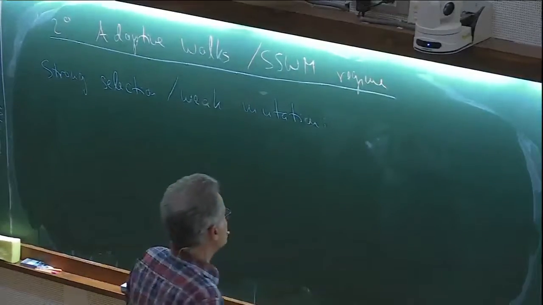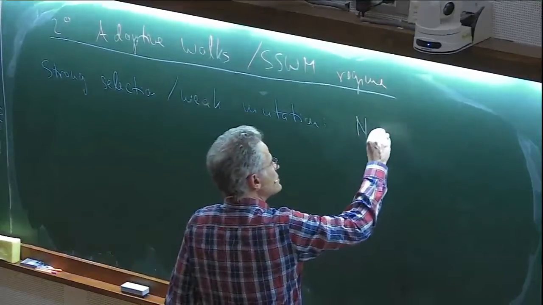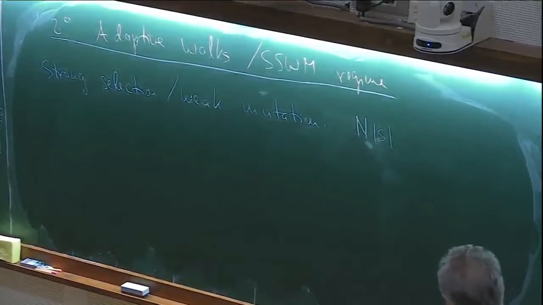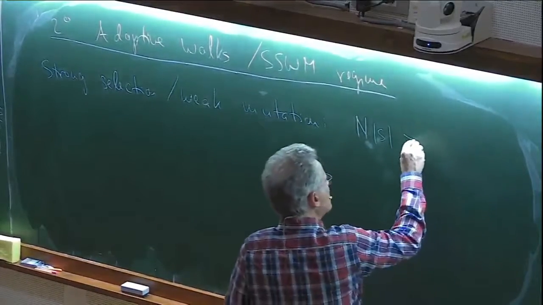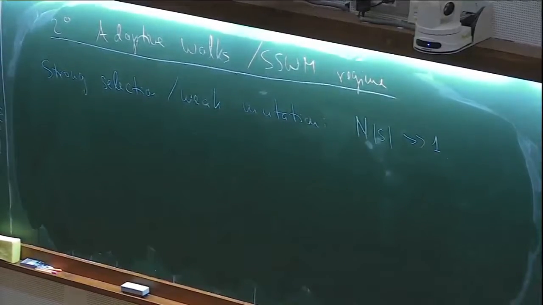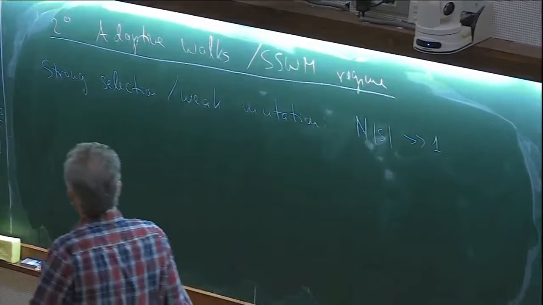We assume that typical selection coefficients are such that the product of the selection coefficient and the population size is very large, which basically means that this factor down here either can be neglected if the mutation is beneficial, or it's very large, so that the whole fixation probability is zero if the mutation is deleterious.